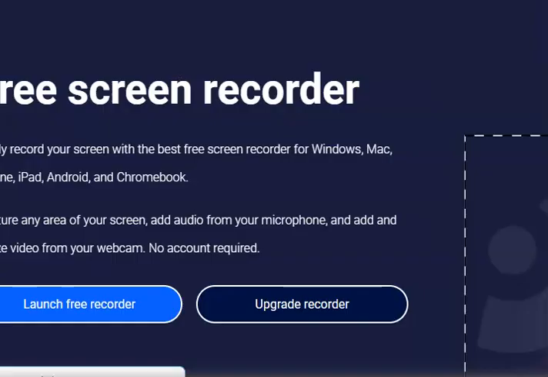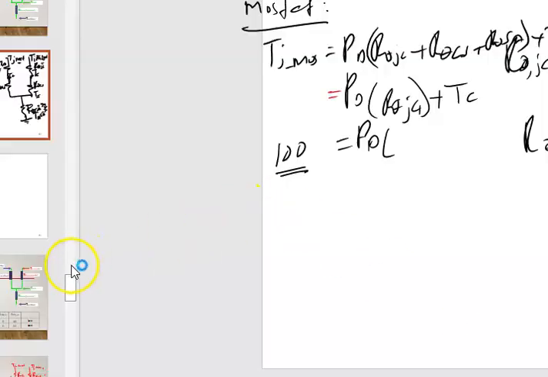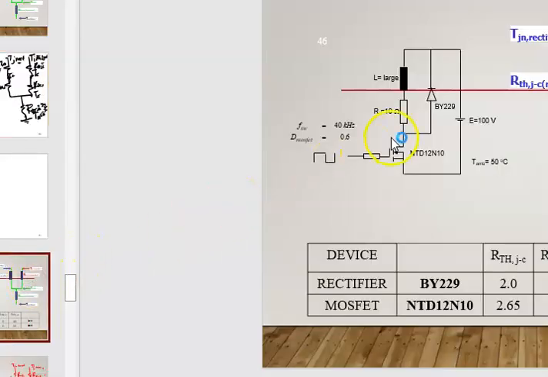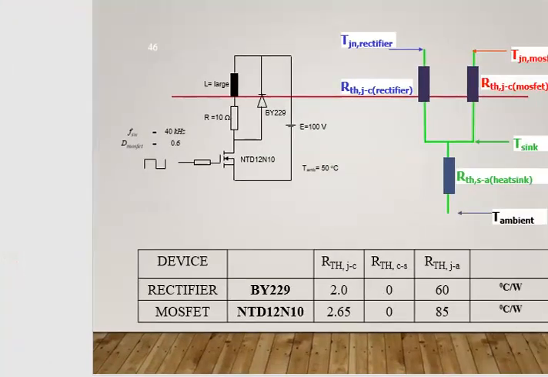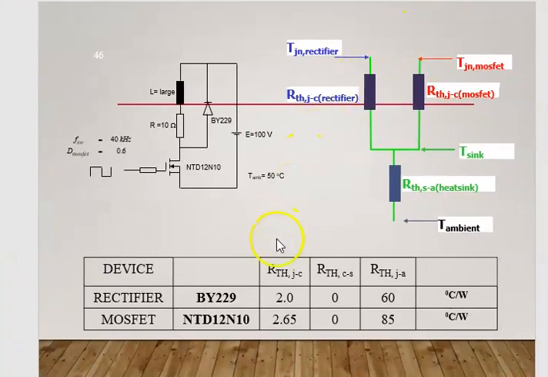That's why when we consider our thermal resistance values, you can see here for the MOSFET, our thermal JC, we just found from the table, the value is 2.65.